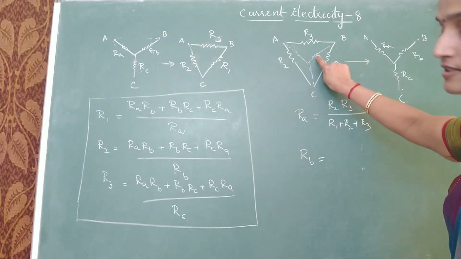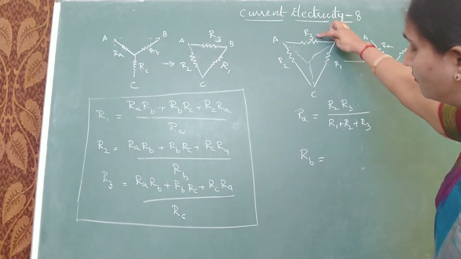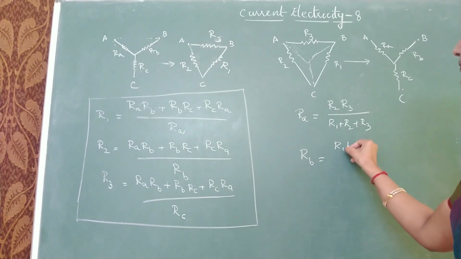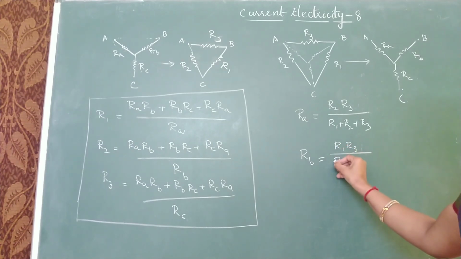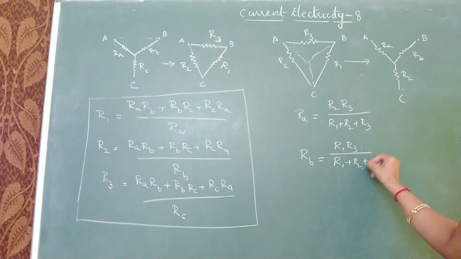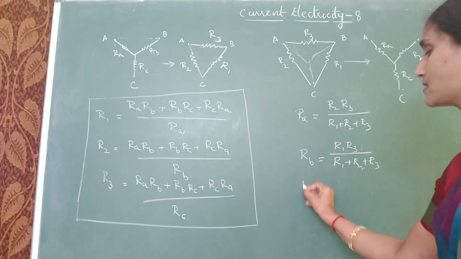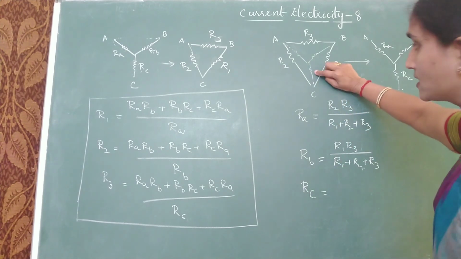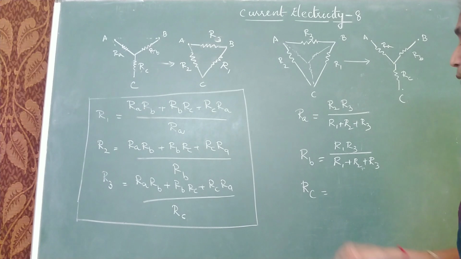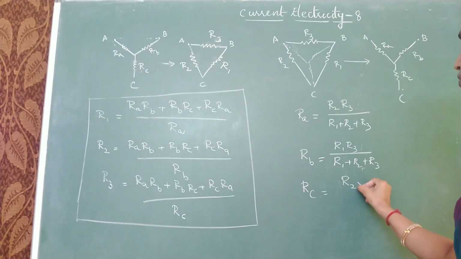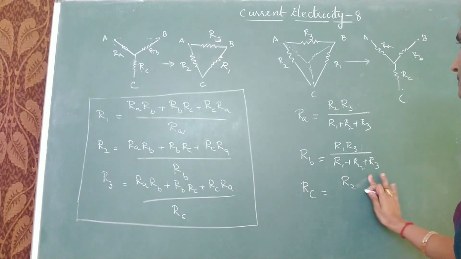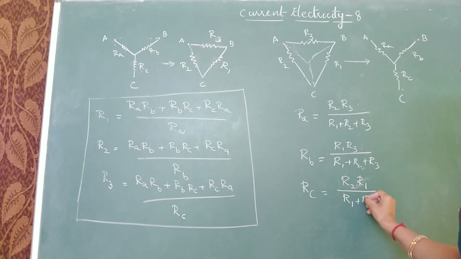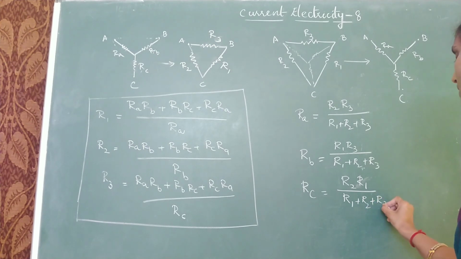Since B is connecting R1 and R3, RB is R1 into R3 divided by R1 plus R2 plus R3. And last, RC. Since this resistor is connecting R2 and R1, it is R2 into R1 divided by R1 plus R2 plus R3.